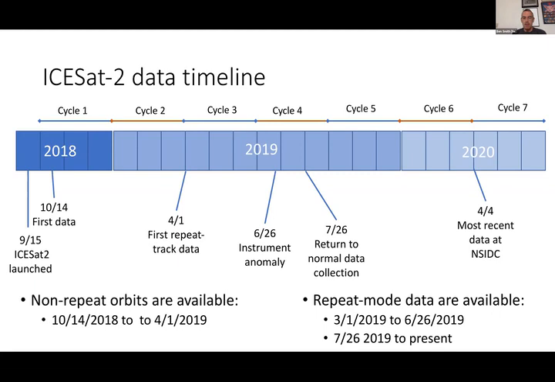Now, moving forward in time, as Tom mentioned, on June 26th of 2019, we had an instrument anomaly. We had one of the potentiometers that measured where the solar array was pointing give a value that we weren't expecting to get, and the satellite took a couple weeks vacation. When it turned back on, it was effectively in the wrong time zone.